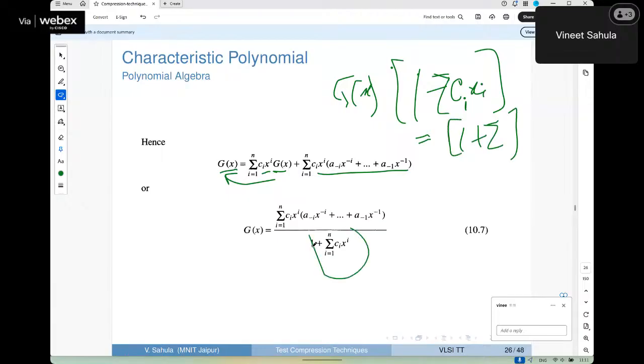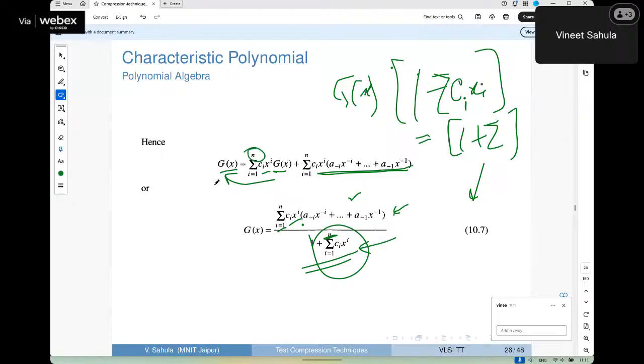It's here. This I open up and see it here. This CiXi and some polynomial is here. This polynomial is typical to LFSR. This is characteristic polynomial. If you expand this, it will expand up to only n, right?